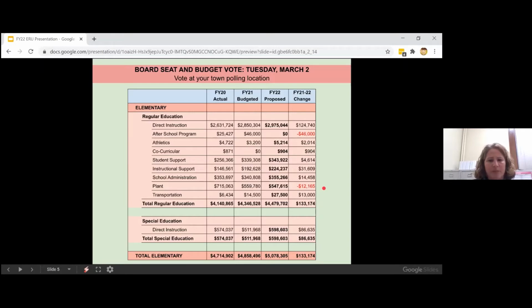Oh, the plant. So this is around insurances, a decrease in insurances. What you'll see throughout the budget is we have moved a lot of the insurance from the school level, so elementary school, high school, as well as Cold Hollow, and put that in at the district level at the end of the budget.